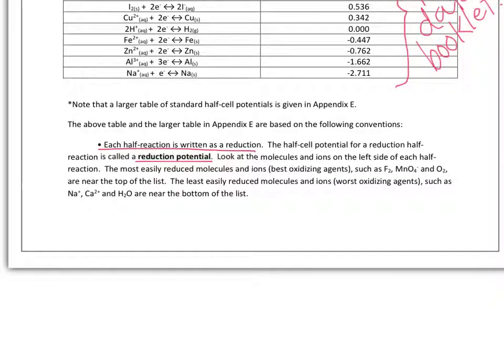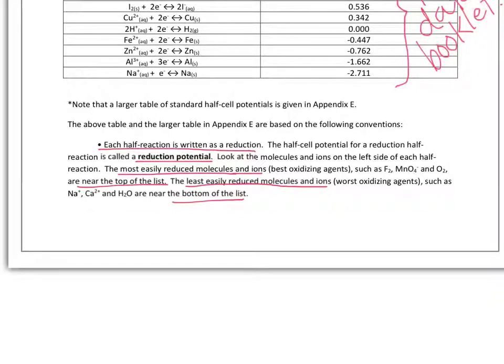If you actually have a look at the list, you will notice that the most easily reduced molecules and ions are near the top of the list, and the least easily reduced molecules and ions are at the bottom of the list. So the table of standard reductions is given as the highest reduction at the top and the least likely to undergo reduction at the bottom.